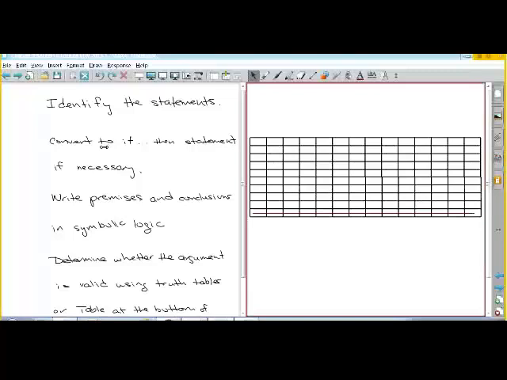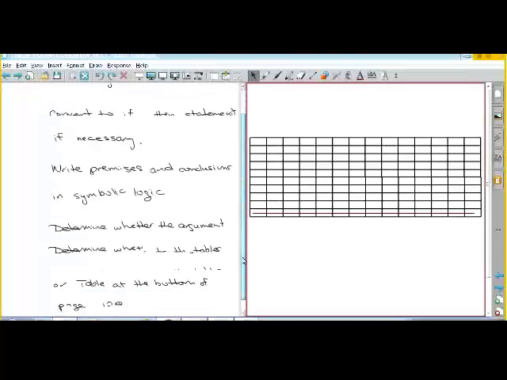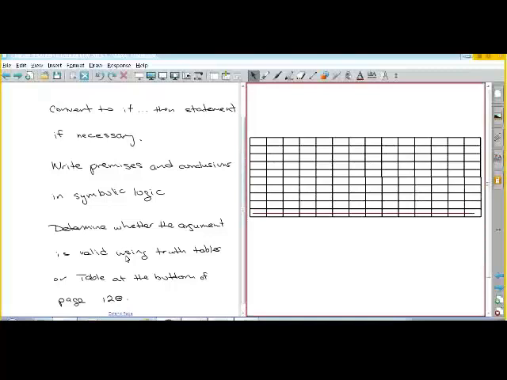So what we're doing is you identify the statements, you convert to if-then statements if necessary. Sometimes the statements are not explicitly if-then, so if you don't see an if-then, you might have to rewrite it. You write the premises and conclusions in symbolic logic. You determine whether the argument is valid using truth tables, or the table at the bottom of page 128, which is the green thing I showed you earlier.